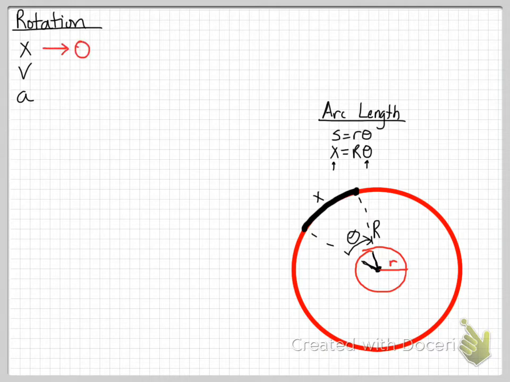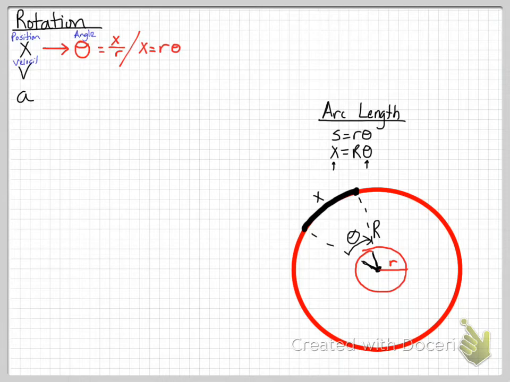So we got a different radius, same angle, and then for us, we can use position as our angle. They're very similar to each other, and our angle is X over R, or X equals R theta. So R is the radius and X is the position. And it's easy to do this because the angle will be the same for either one of these circles we've drawn. They have a different radius.